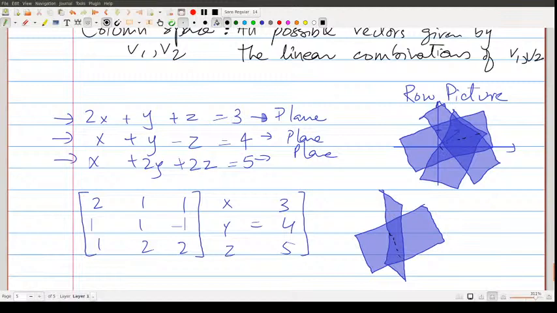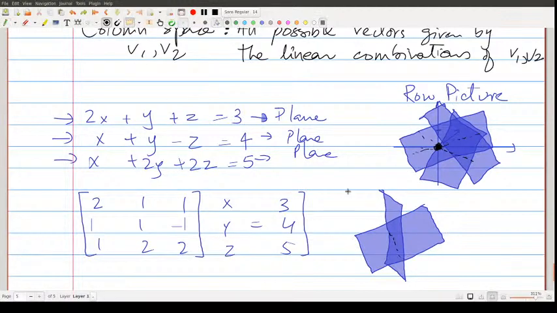I'm looking for some common point. It extends in the horizontal and vertical directions, all of these possible directions. What I'm looking for is that one point that is common to all of these planes, right? So 3 planes can intersect at one point, and I want the coordinates of that point.